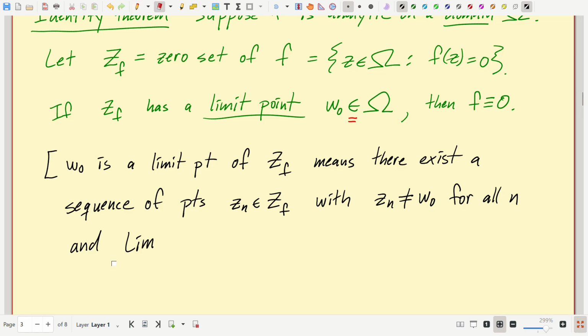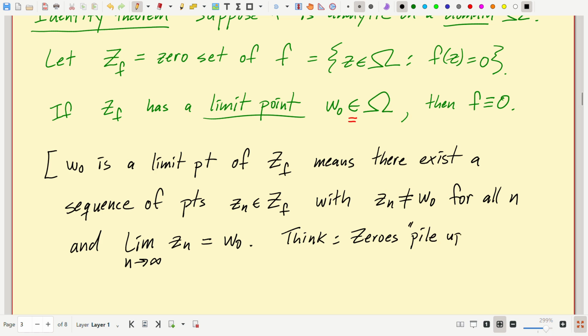So that makes sense. So you think that the zeros pile up at w naught.